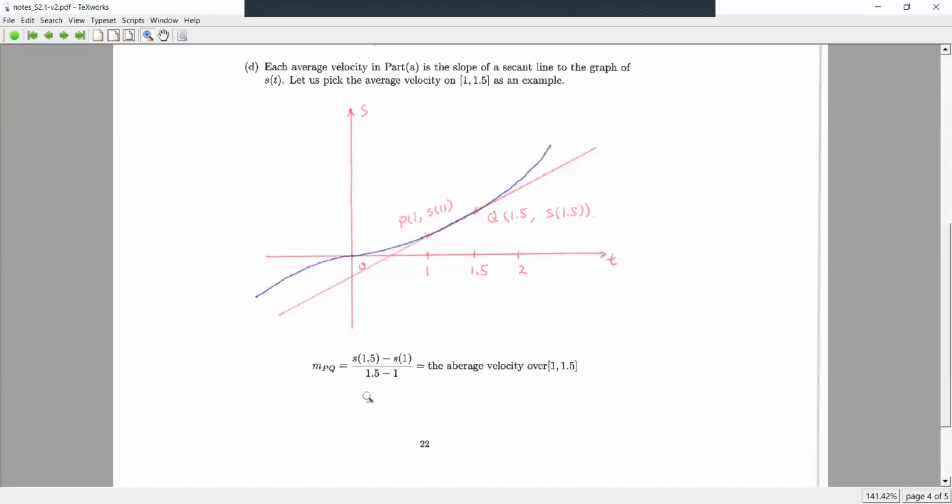The denominator of this quotient is 1.5 minus 1, the time elapsed over this time interval. So this is the average velocity of the car over this time interval. Therefore, the slope of the secant line PQ is the average velocity over this time interval.